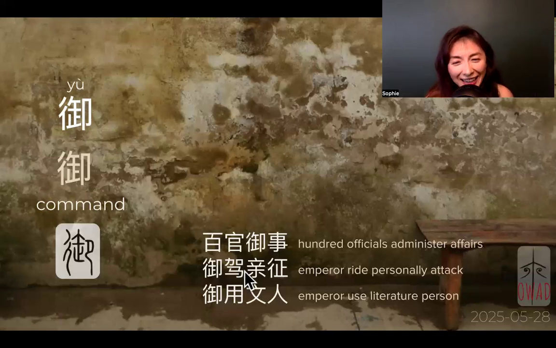So Chinese, I guess, recognized from early on that there are some literature persons who serve just as the mouthpiece, nothing more. Not an independent thinker, you cannot really rely on much of what that person is communicating to you. It's all to carry out the intentions, to beautify it, however, to communicate to the masses. So it's, I guess, the ancient emperor's PR person. So that's 御用文人. All right.